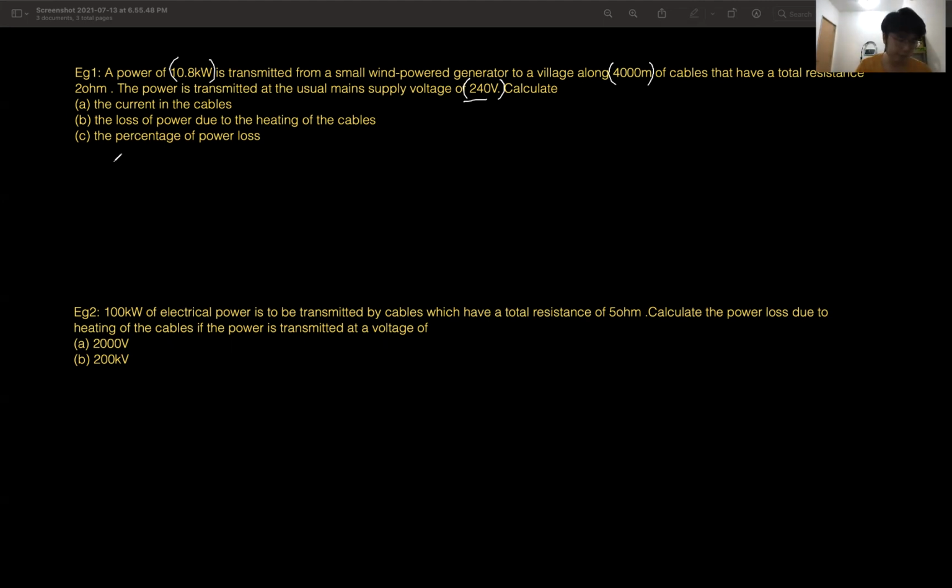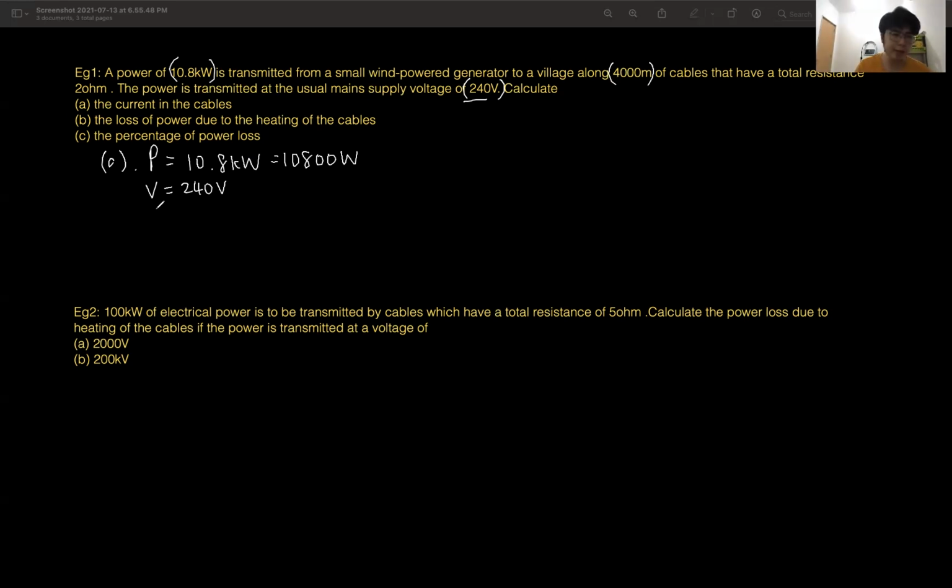Right, let's write this down. A. What is the power that I want to transmit? 10.8 kilowatt. Okay, this is the power I want to transmit. That equals 10800 watt. The voltage of the cable is 240 volt.